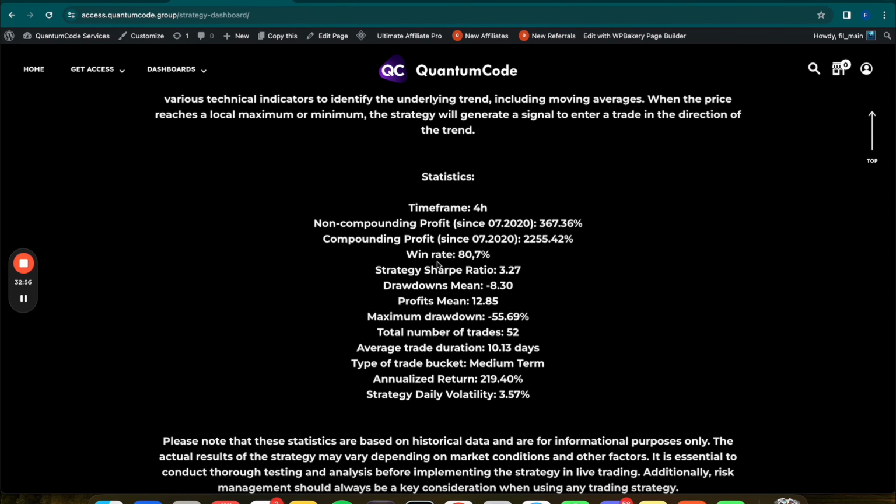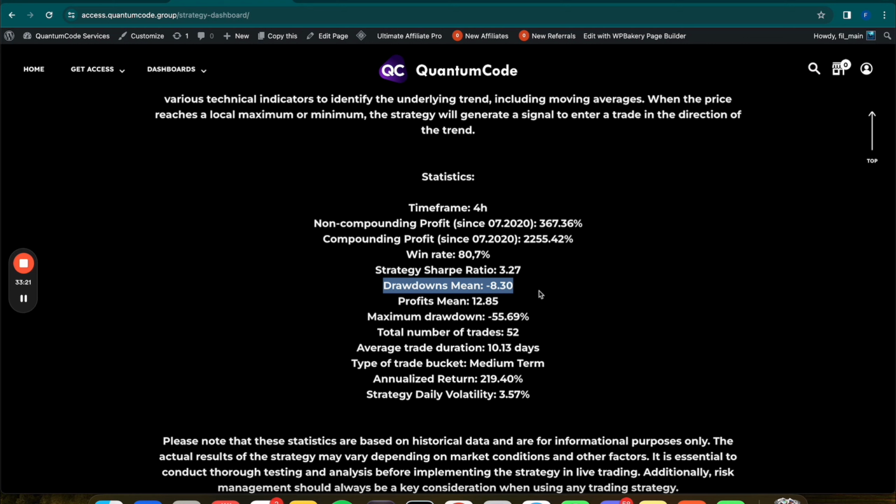So this is a strategy with an 80% hit rate, which is super high, 3.2 Sharpe ratio, which is insane, average profit of 13%, and 2,200% in 2 years. It's a very, very good strategy. The average drawdown in that strategy is 8%.